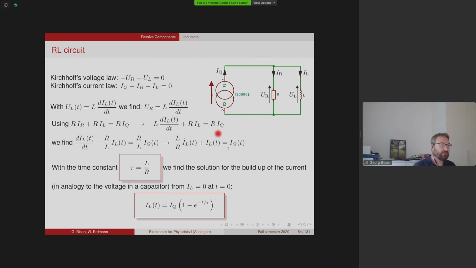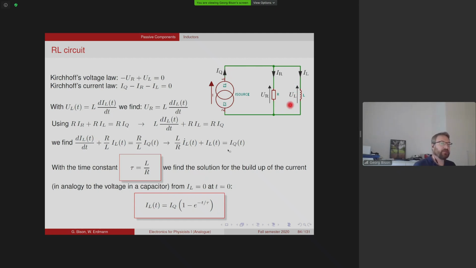So let's have a look at the same situation we had with the capacitor. The basic charging experiment, and in the case of an inductor, this is a circuit where we want to drive a current through this coil.